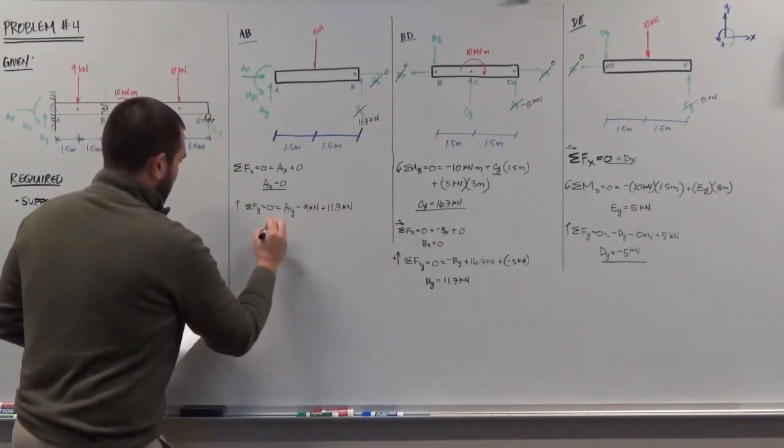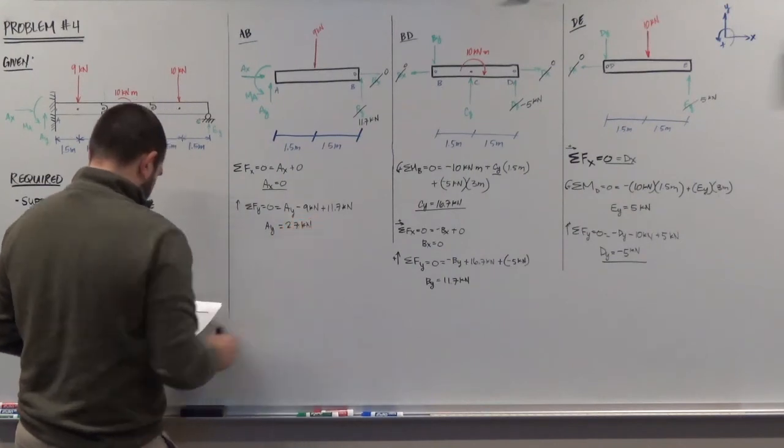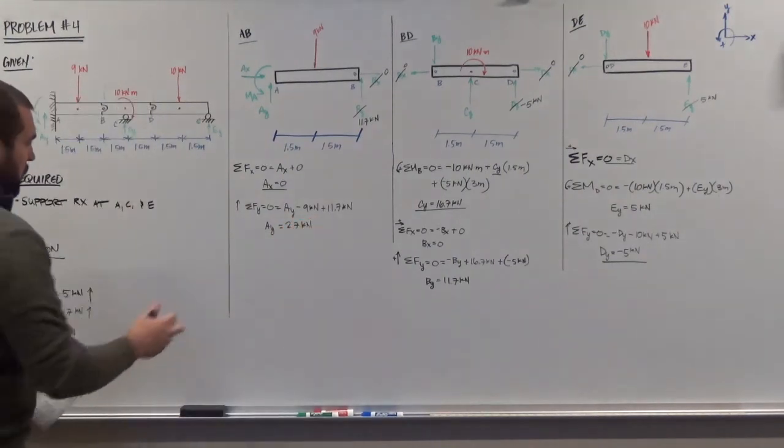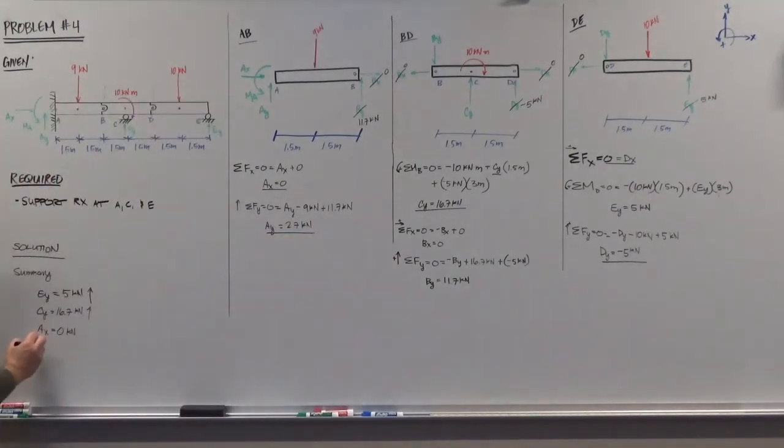And so I get that Ay is equal to 2.7 kilonewtons. That's another answer. That's my vertical force reaction at A. Ay equals 2.7 kilonewtons, and that's going up, so I'll denote the direction right here.